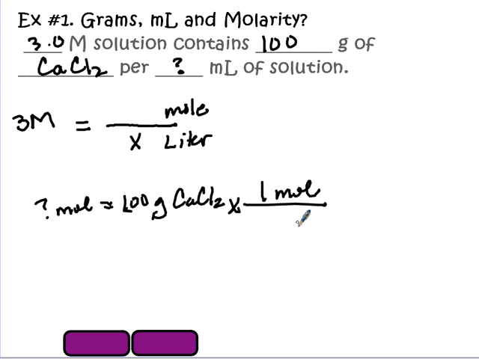And on the bottom, I'm going to put its molar mass. When I look this up, I believe I get 111. 111 grams of calcium chloride is equal to 1 mole. And when I put this into my calculator, I get pretty close to 0.9 moles.